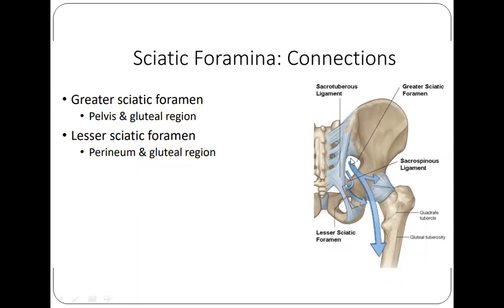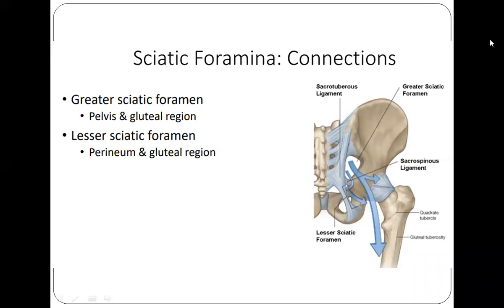Okay, through the greater sciatic foramen, the gluteal region is connected to the pelvic cavity. Whereas lower down here, in relation to the lesser sciatic foramen, you can see the gluteal region is connected to an area called the perineum. So these are the communications of the gluteal region.